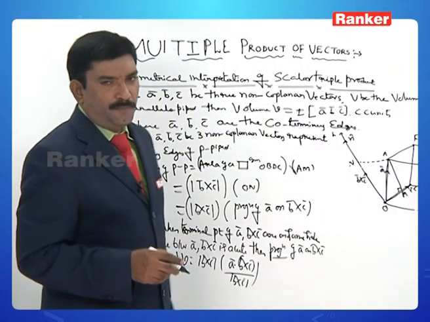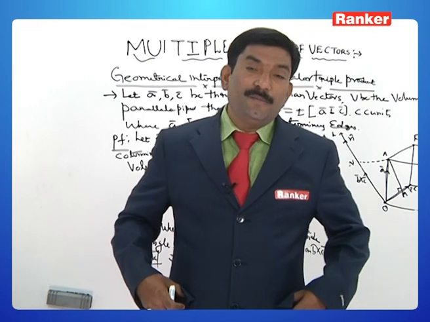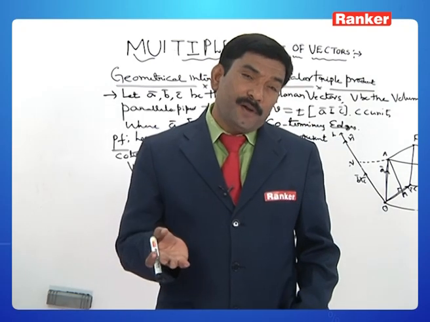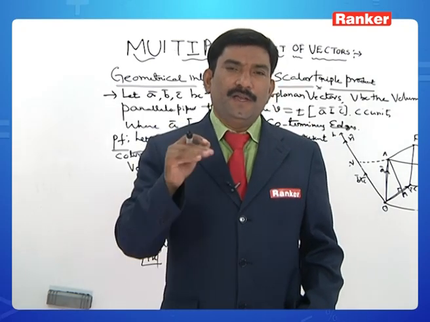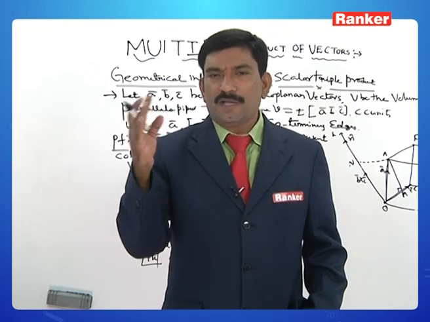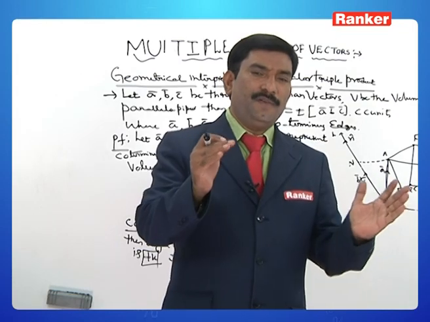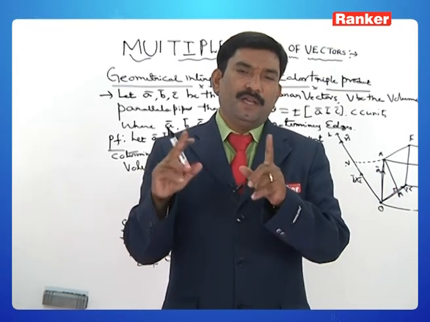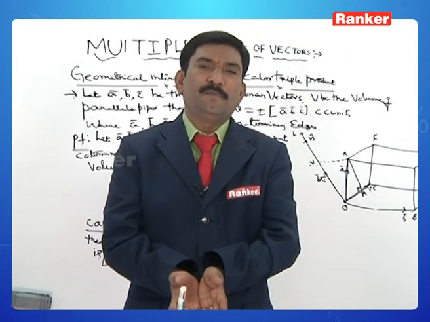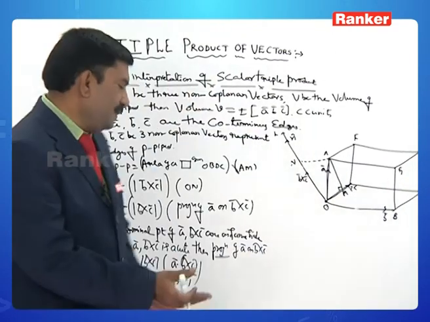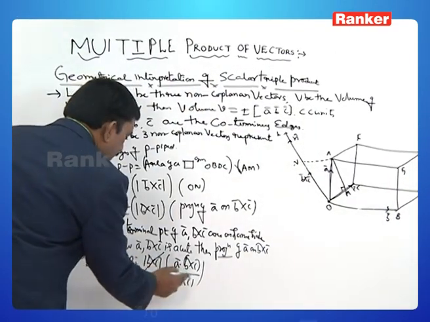We know that already. What is the projection of A bar on B bar? On B bar, it must be there in the denominator: A bar dot B bar by modulus of B bar. In the same fashion, the projection of A bar on B cross C is A dot B cross C by modulus of B cross C. So therefore, this and this go.